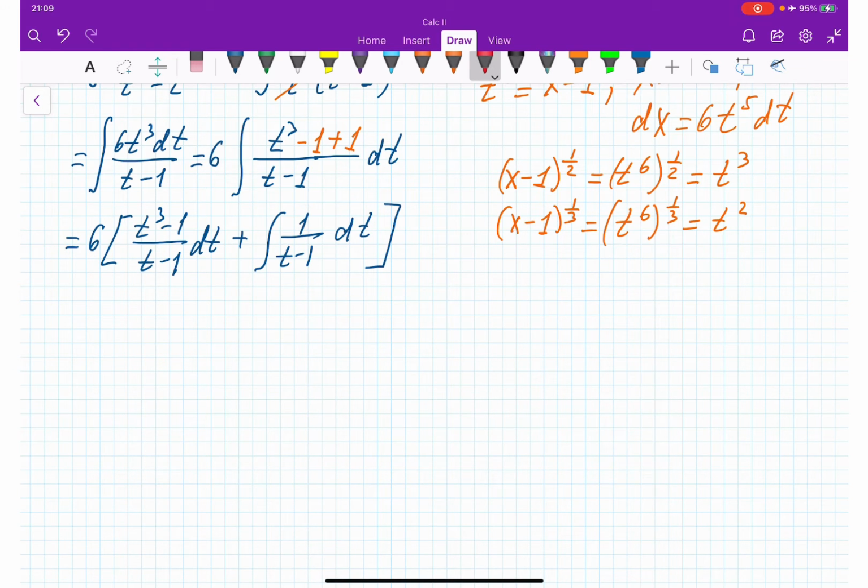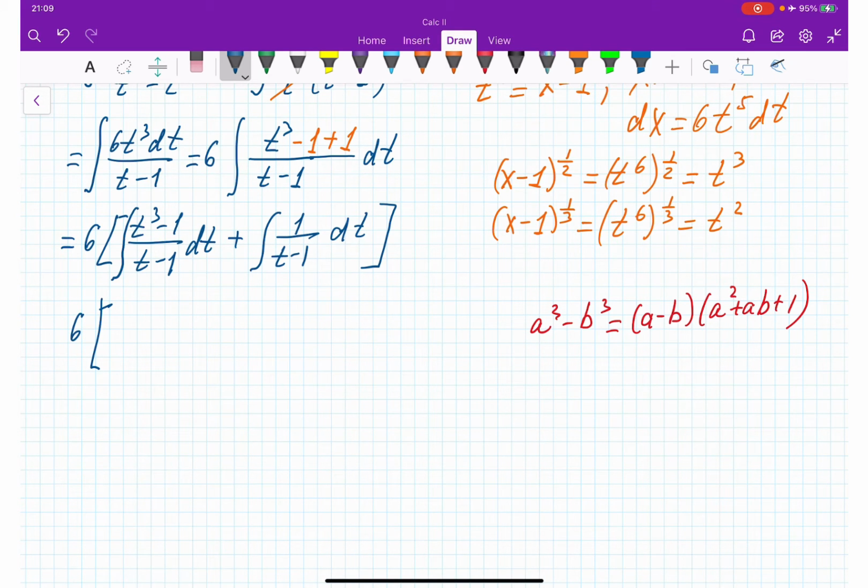Let me write it down. a cubed minus b cubed is equal to (a minus b)(a squared plus ab plus b squared). Okay, and we have here 6 stays outside, and we have integral (t minus 1) times (t squared plus t plus 1) over (t minus 1), where this and this will cancel each other right away, dt.